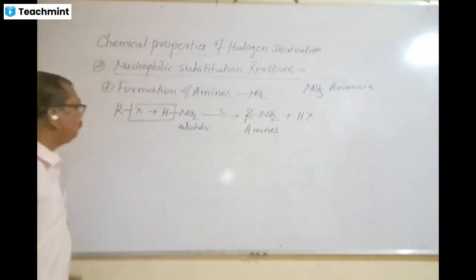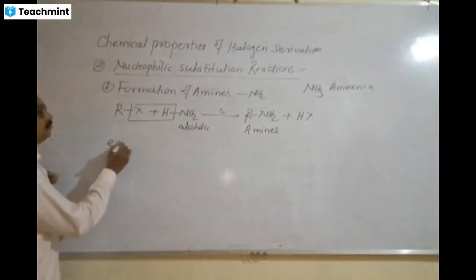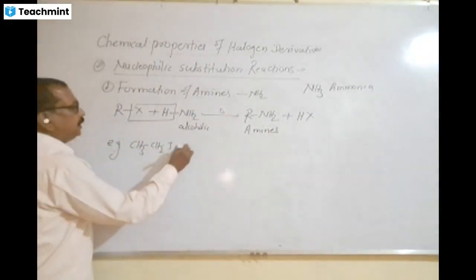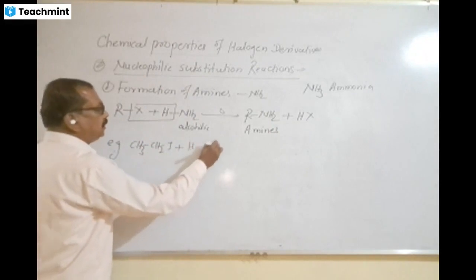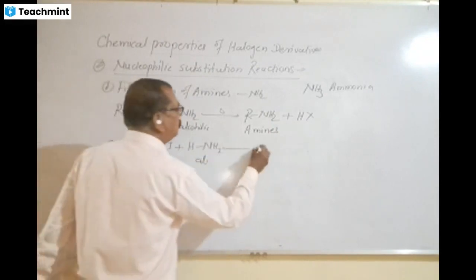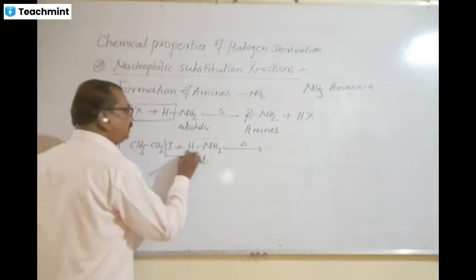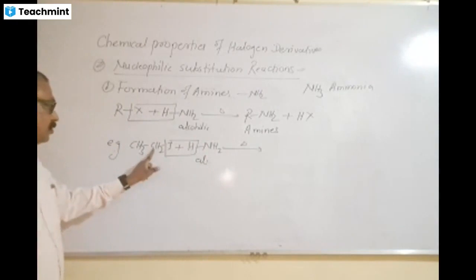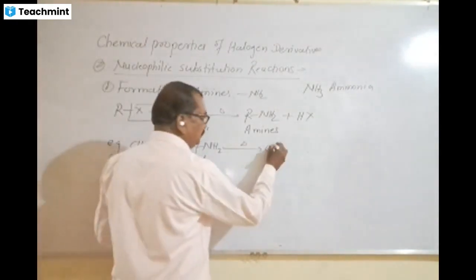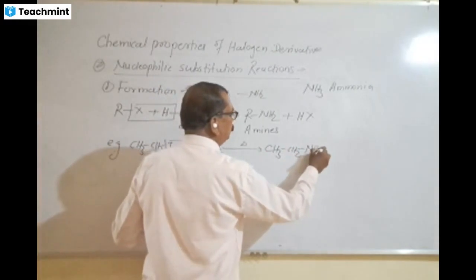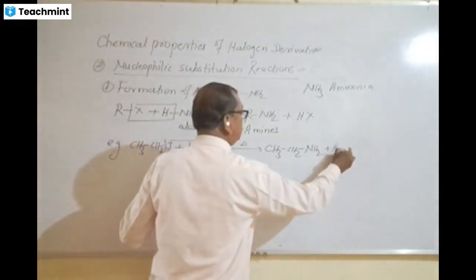For example, CH3CH2I is treated with ammonia, NH3, in presence of alcohol. Iodine and hydrogen form hydrogen iodide, and the NH2 group gets attached to the CH3CH2 group. CH3CH2NH2 plus HI.